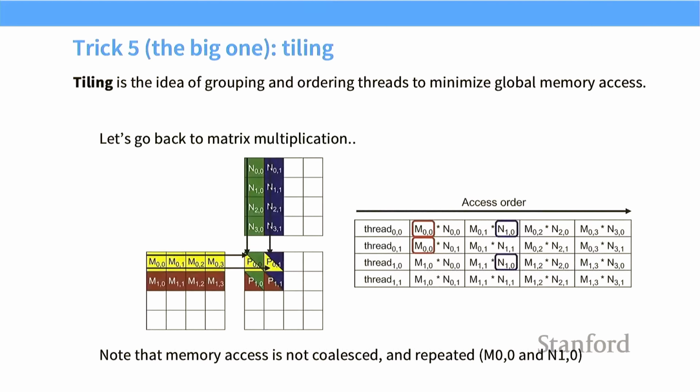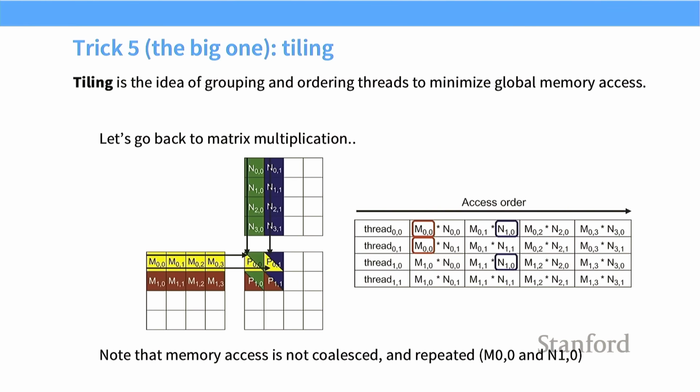So then that brings us to the very last and big one. And this is the idea of tiling. Tiling is this idea that you would like to group together memory accesses in order to minimize the amount of global memory access that we have to do. And so to explain this one, I'm going to go through this example of a matrix multiply.